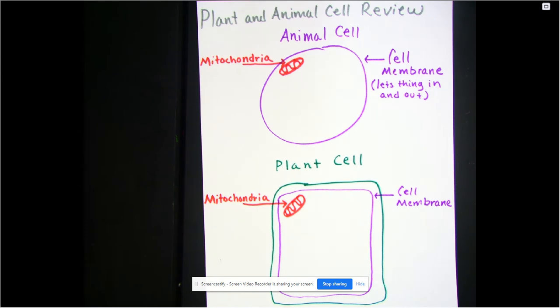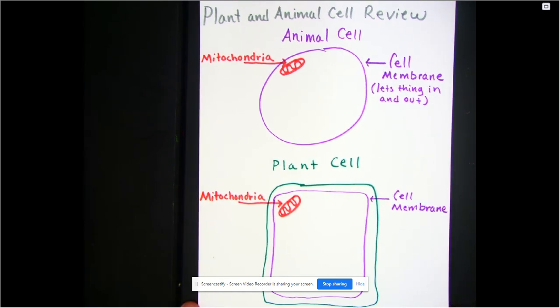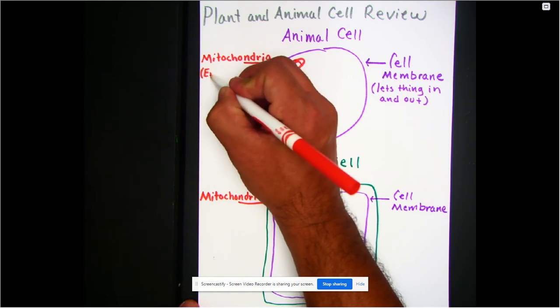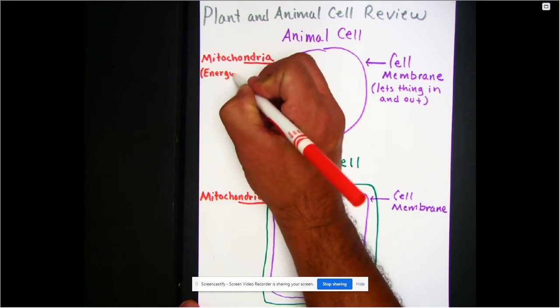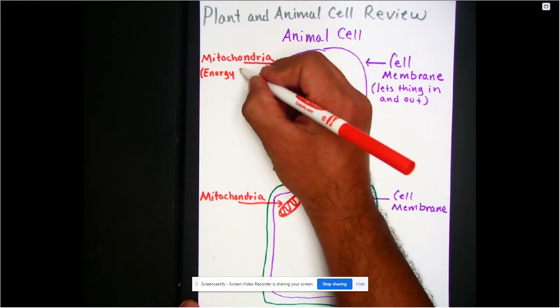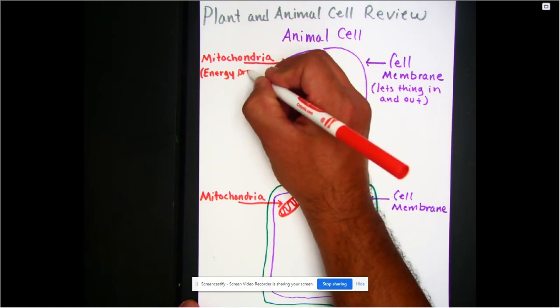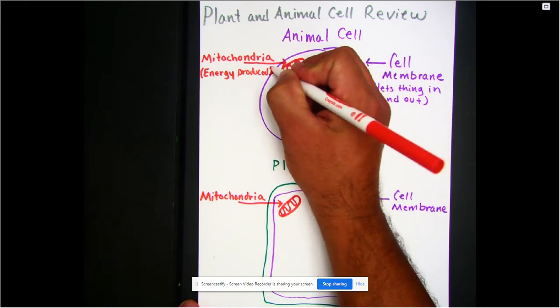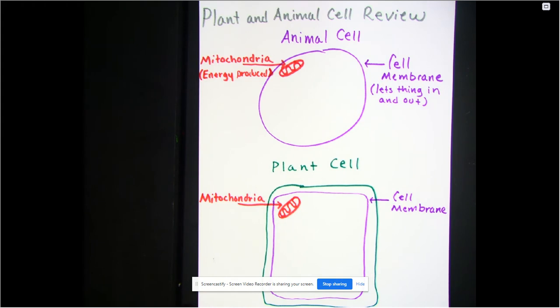Okay, so the mitochondria plays a very, very important role inside the cell, because this is where the energy is produced. In order for the cell to function, that mitochondria needs to produce that energy.